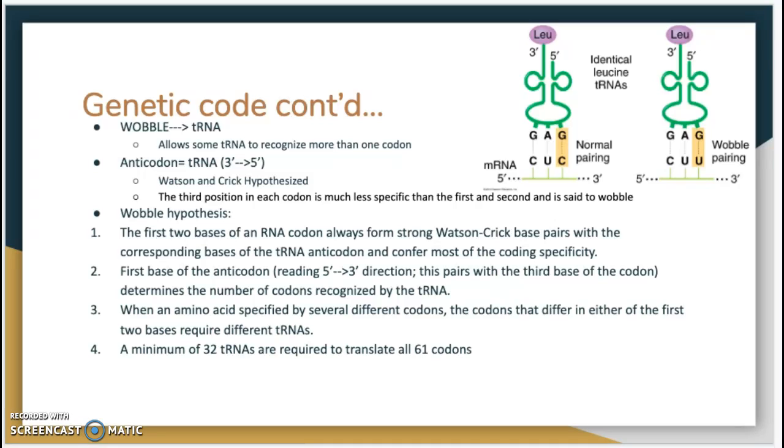These are your complementary base pairs, and it's going to be like that every time. However, the third base pair can be different in that it might not always be complementary. That's essentially what this phenomenon is referring to, known as the wobble hypothesis.